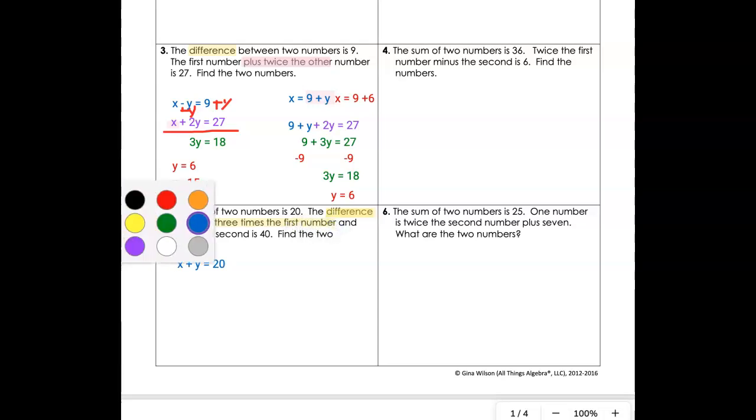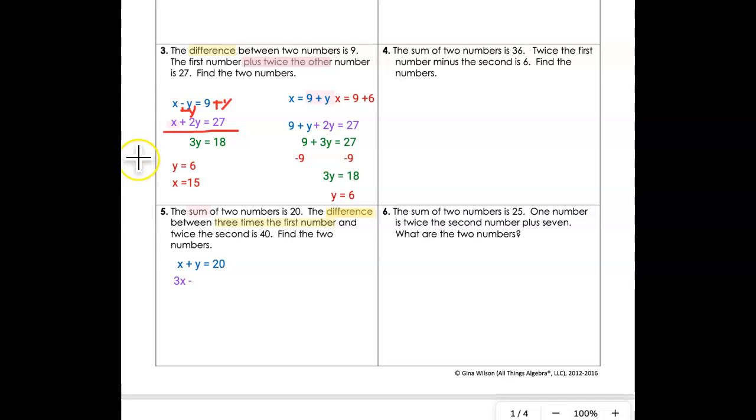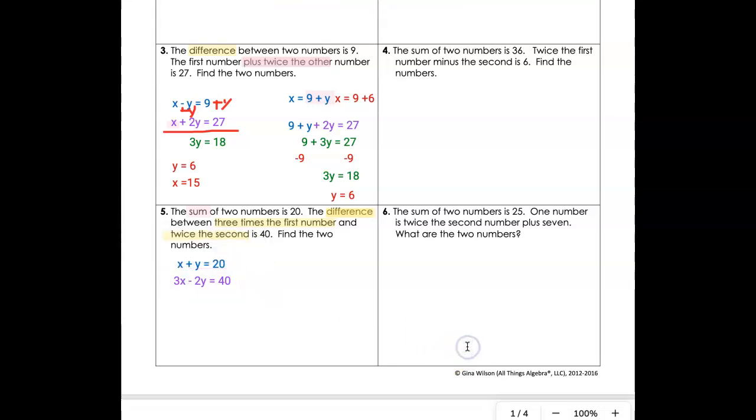So I know I'm going to take 3x, difference is subtraction, and then here where we've got twice the second, that's going to be 2y is 40.